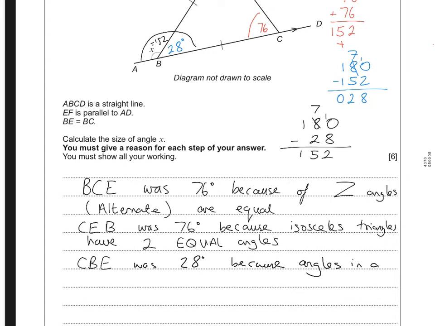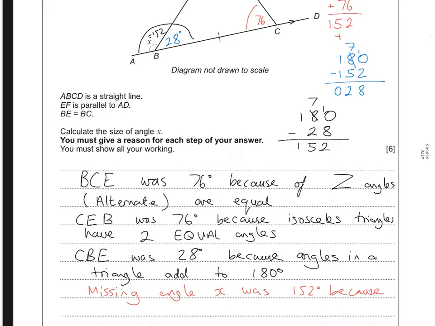Angles in a triangle add to 180 degrees. Okay, and then finally my angle x, so missing angle x, was 152 degrees because angles on a straight line add to 180.